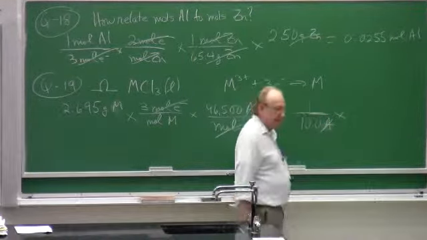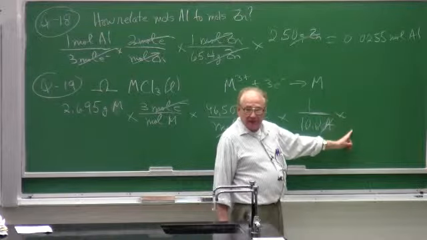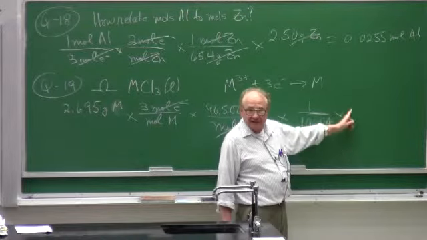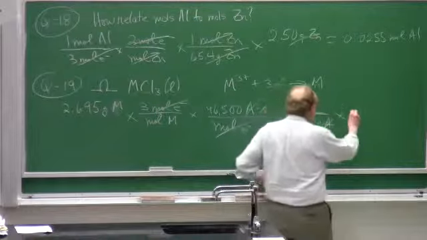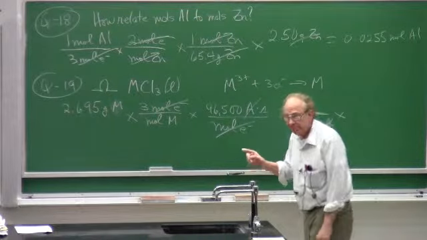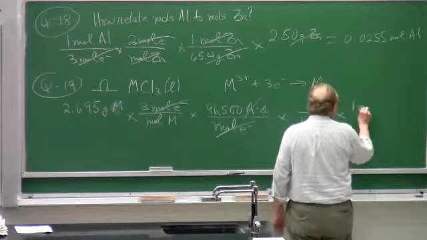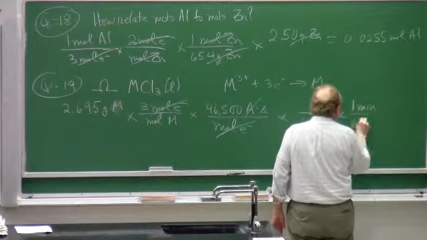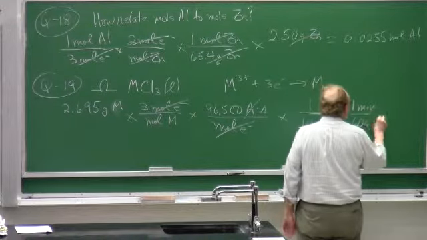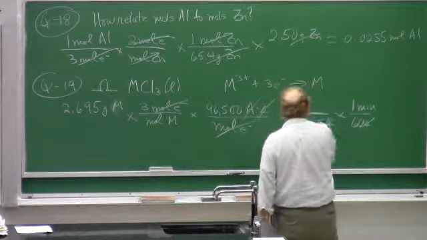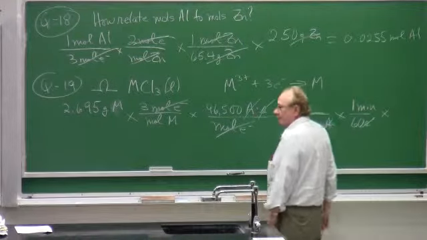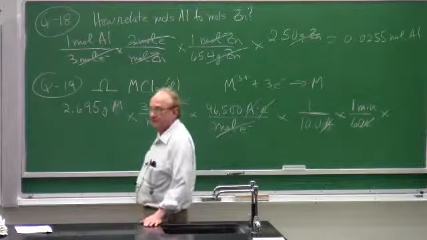Should I write 60 seconds per minute or 1 minute per 60 seconds? Don't you like seconds squared? And there goes seconds. And now comes the 25 minutes.